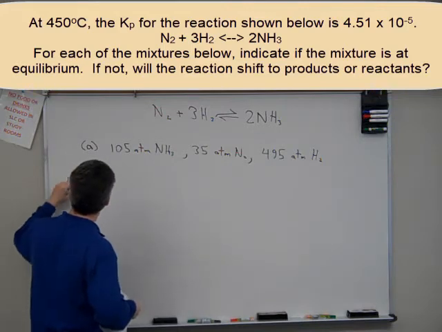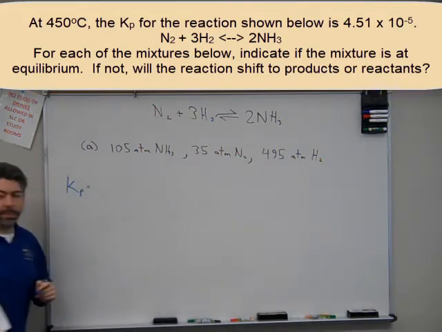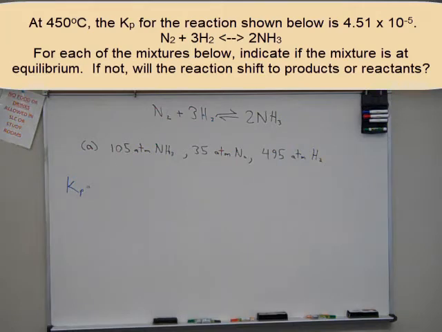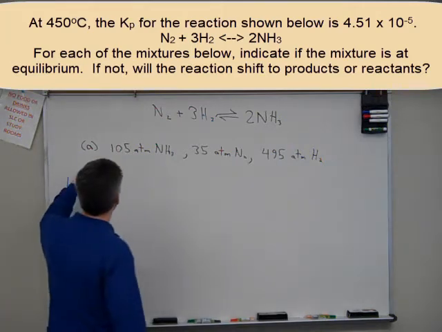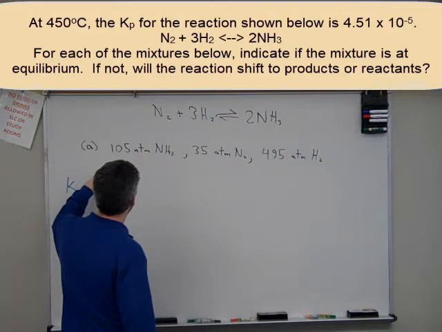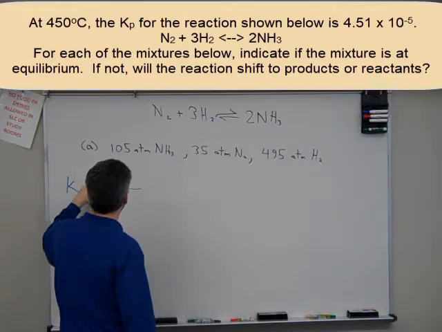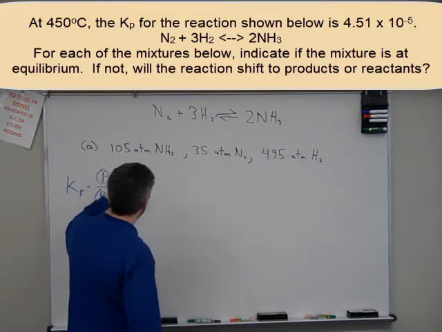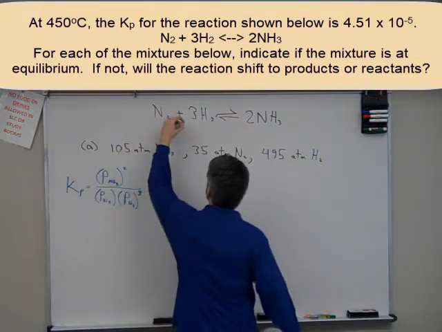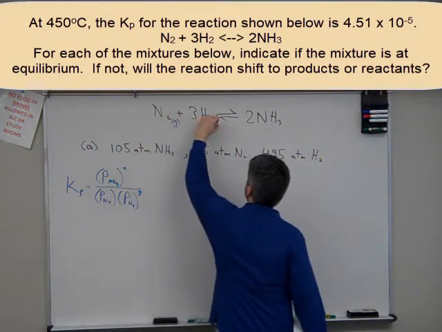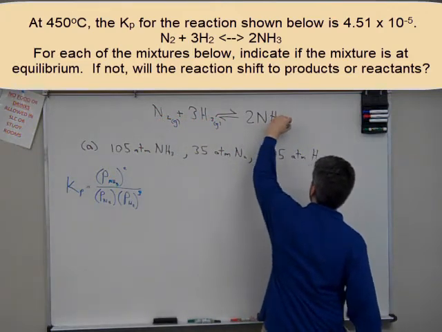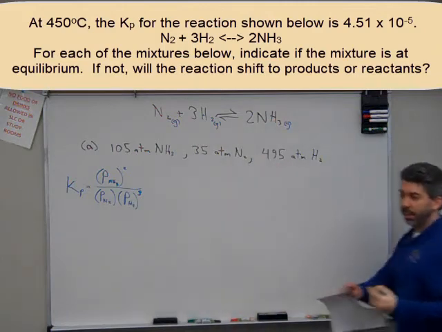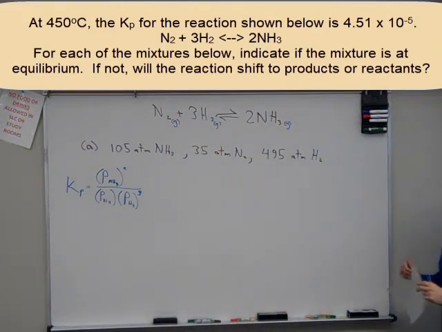Kp for this reaction is the pressure of NH3 squared over the pressure of N2 times the pressure of H2 to the third. And these are all gases, which I probably should have mentioned earlier.